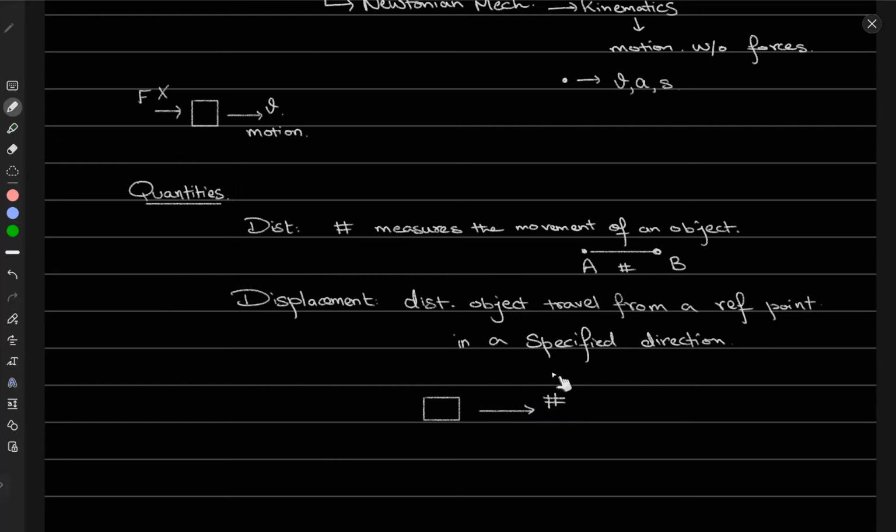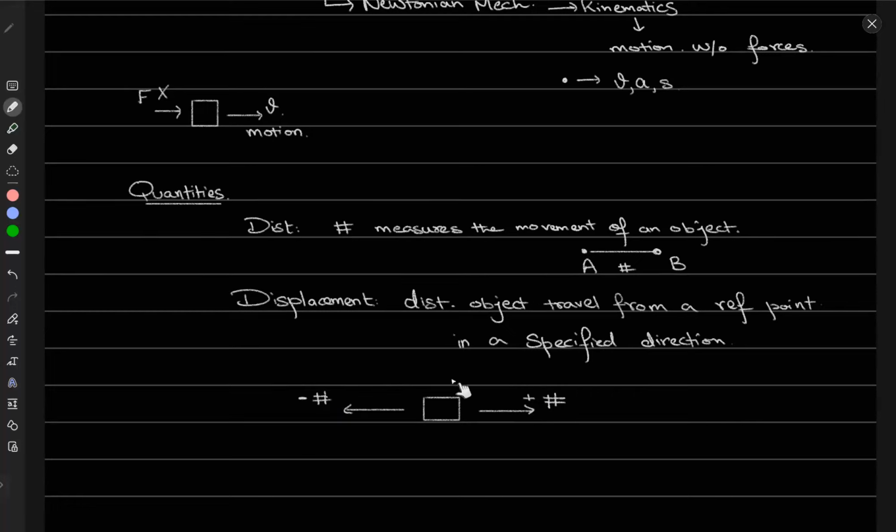But with this number, I'll also attach something that is called the sign. So I'll decide that whenever my object moves to the right, I add a plus sign to this number. And whenever it moves in the opposite direction, I'll assign a number again, but I'll add a negative sign to this.